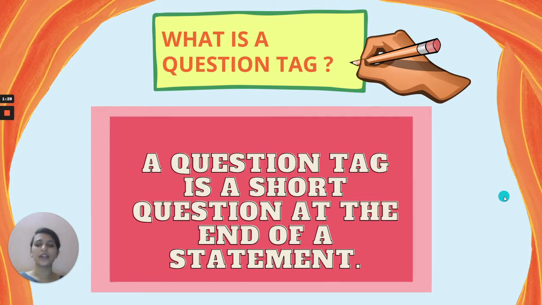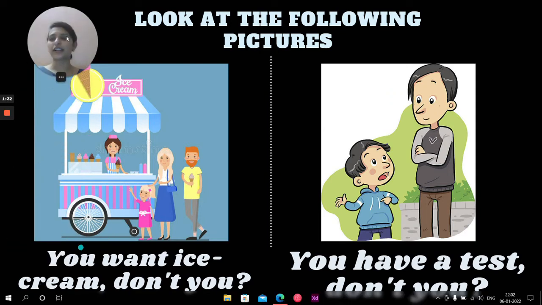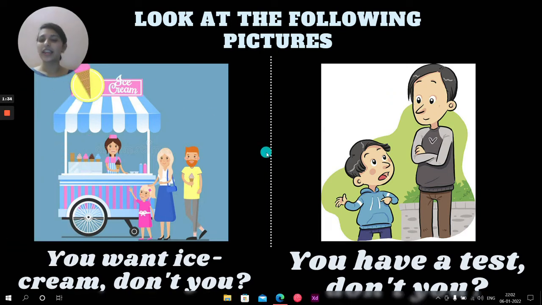Okay, now we look at two examples. Look at the picture and tell me what you see. In the first picture, the child is asking for ice cream and the parents are telling the child, you want ice cream, don't you? Now, you want ice cream is a statement. Don't you is the question tag.